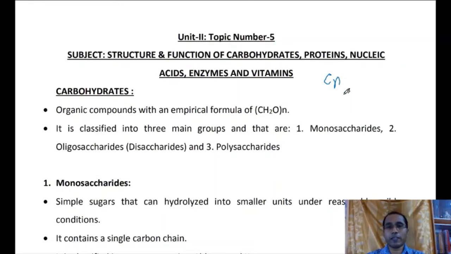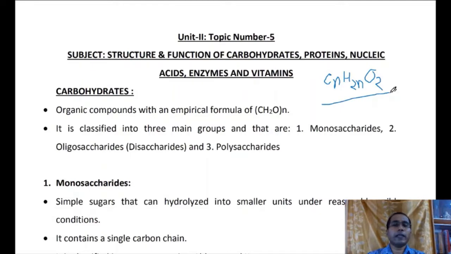If I classify this broadly, the empirical formula is CnH2nOn. You have to remember this. If a question mentions the number of carbons, you can easily work out the hydrogen number and oxygen number.